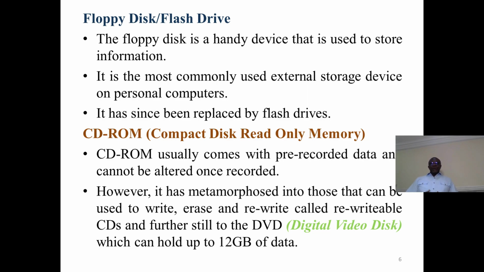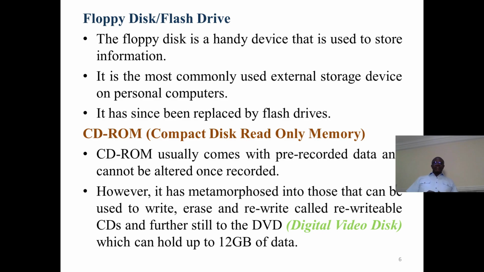CD-ROM. We've talked about ROM as read-only memory, but with improving technology, we now have what is called the compact disk read-only memory. We say that this CD-ROM usually comes with pre-recorded data and cannot be altered once recorded.